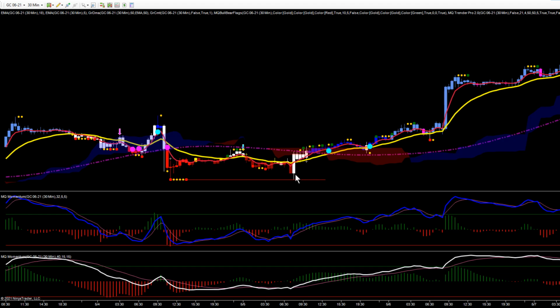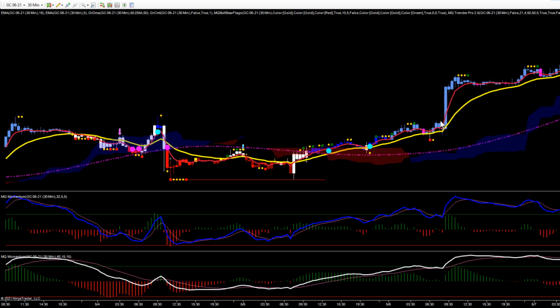So for example, right here, gold broke to the upside, pulled back, put in a reversal doji, triggered to the upside, continued to work higher, still in an uptrend, 5 and 18 cross to the upside, above the cloud, above smooth 50, make this pullback, set up the reversal doji, triggers it to the upside.